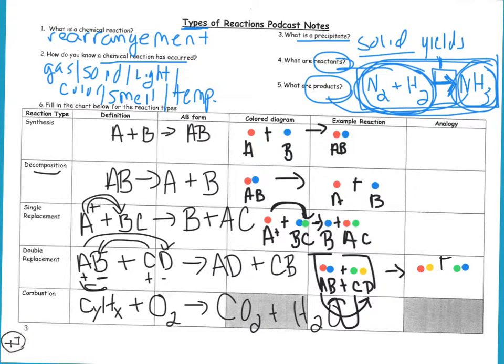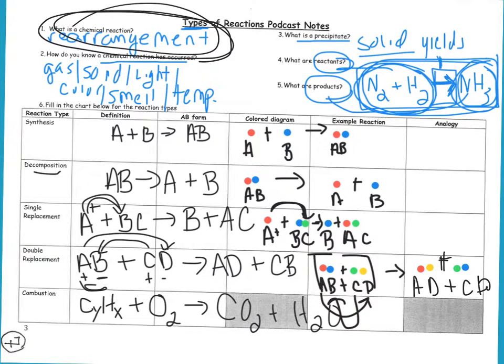Into, sorry about that, AD plus CB. That's a plus sign. So it's just a diagram that shows you how the molecules have been rearranged, because that's what we're talking about. We're talking about rearrangement. And let me give you some examples of these rearrangements. Give you a second if you'd like to copy that down.